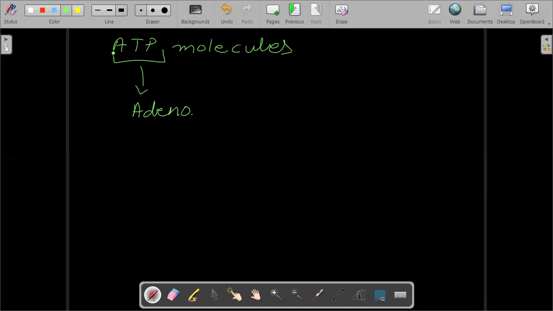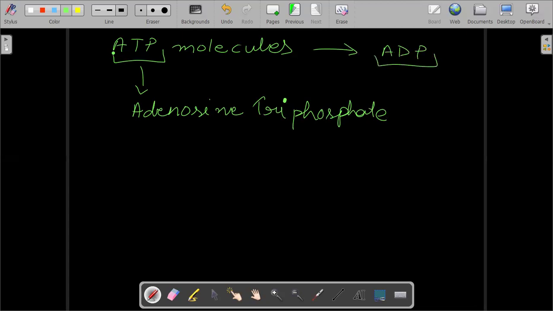Adenosine triphosphate. Yeah, it is adenosine triphosphate. Then ATP molecules get converted to ADP molecules. ADP stands for adenosine diphosphate. So these ATP and ADP molecules work as energy currencies.